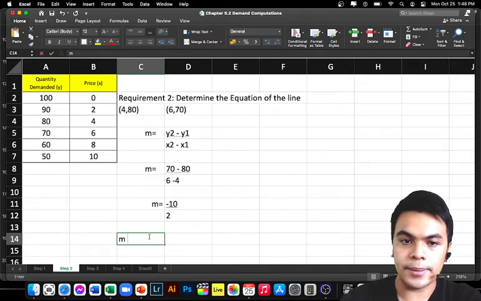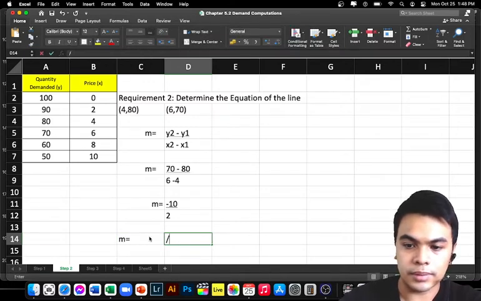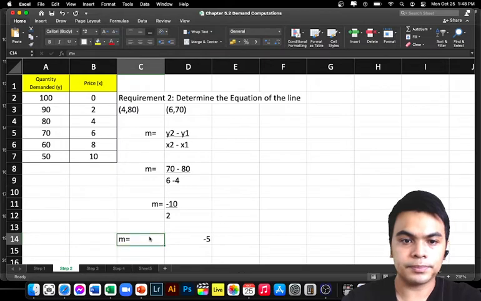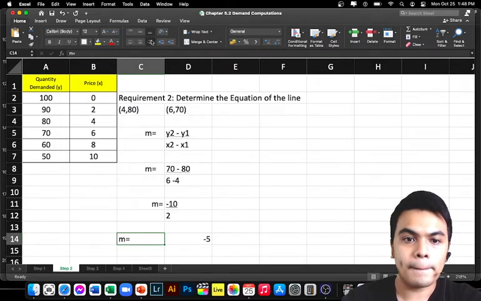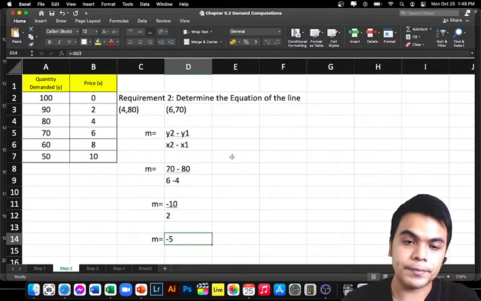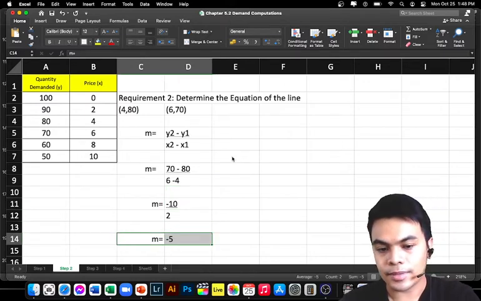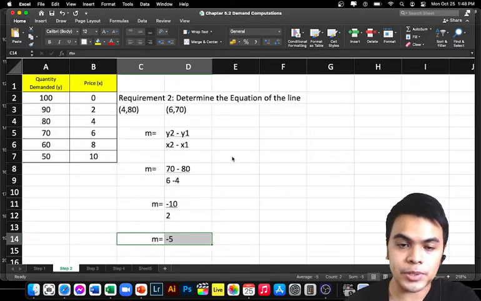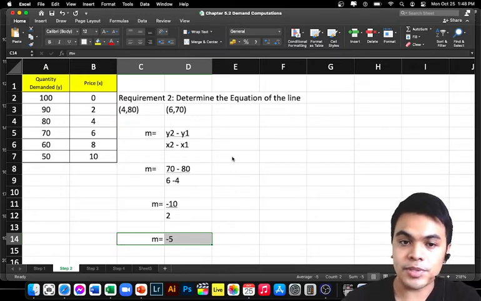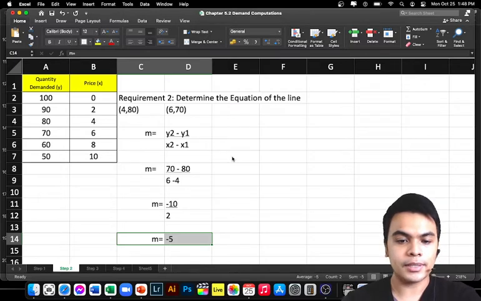Okay, so m is equal to, para sure, let's compute, negative 10 divided by 2. So our slope is negative 5. If we try to interpret this slope, this is a downward slope from left to right. If the slope is negative, it is downward from left to right.